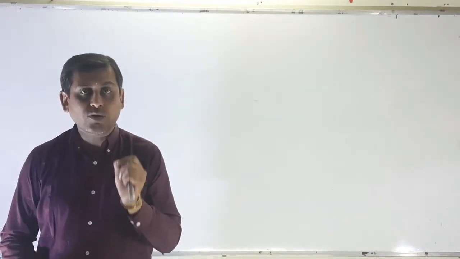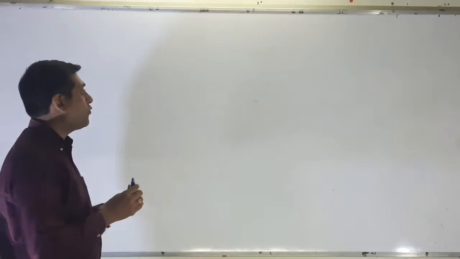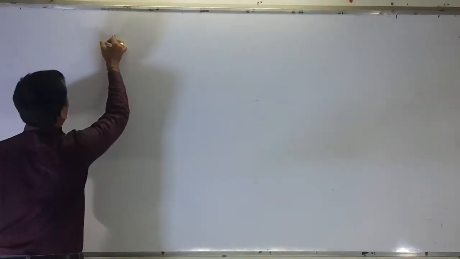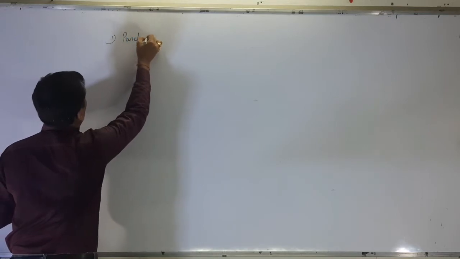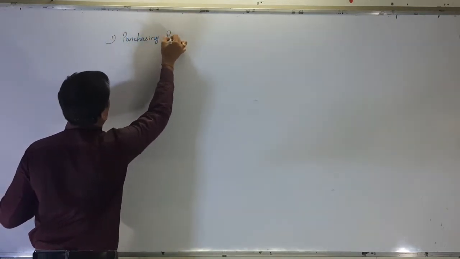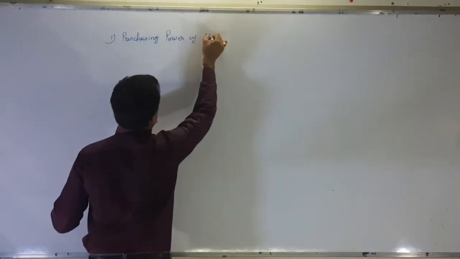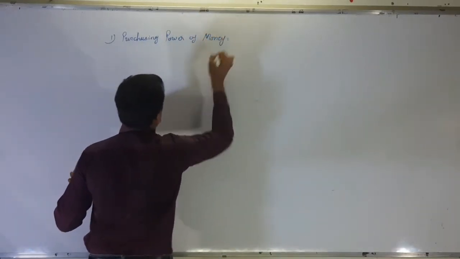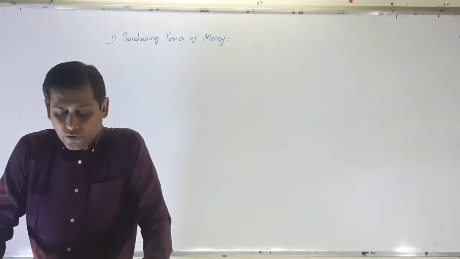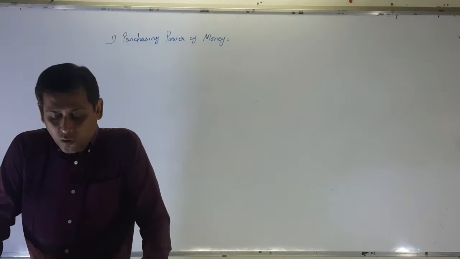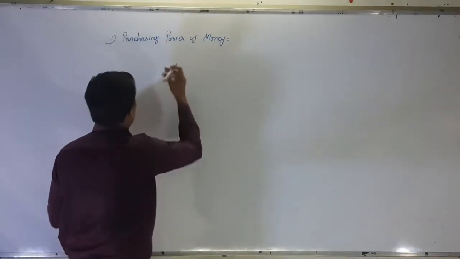There is one extra formula, that is, purchasing power of money. If we have to find out the purchasing power of money, then here the formula is 1 upon cost of living index number divided by 100.